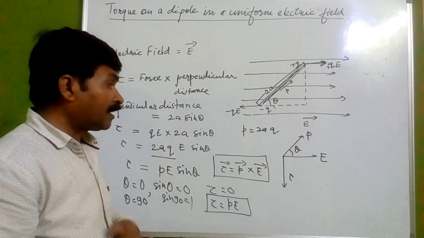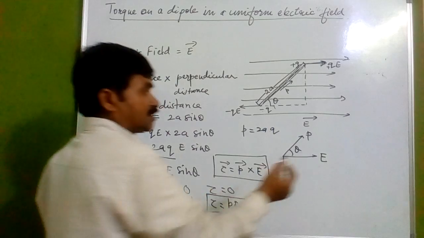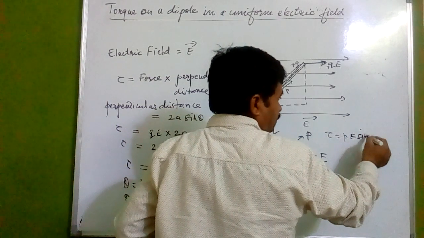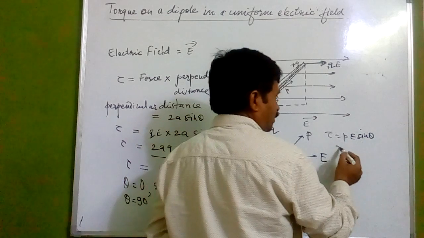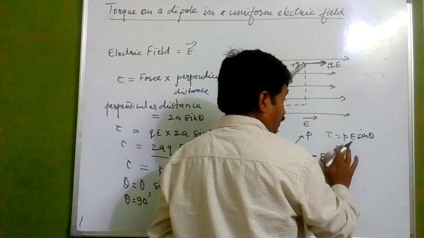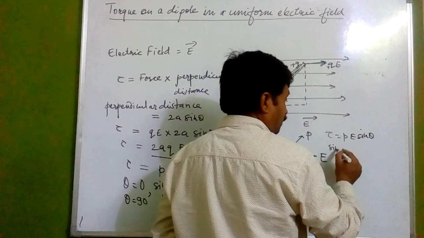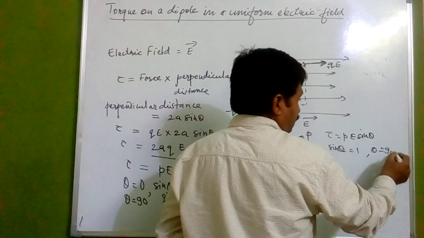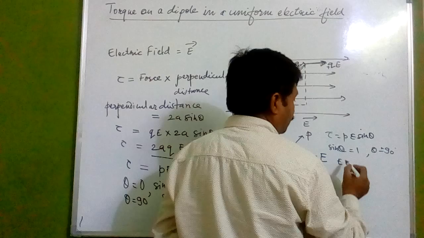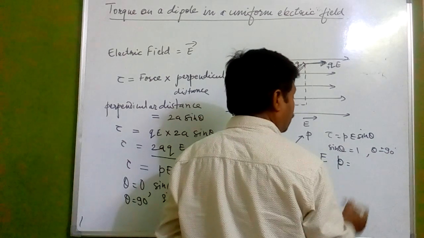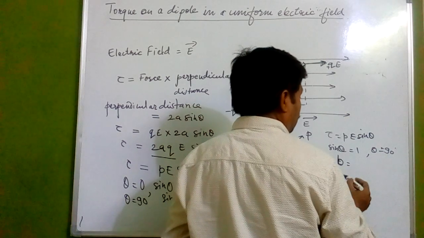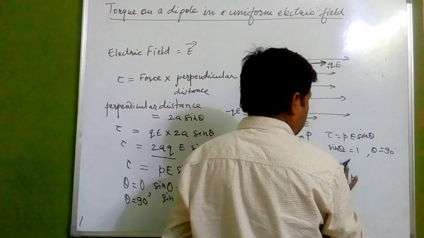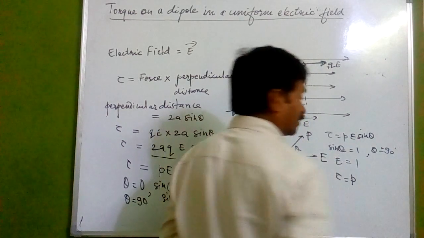Torque is equal to pE sin theta. Suppose sin theta is equal to 1, meaning theta is 90 degrees, and E is a unit value.